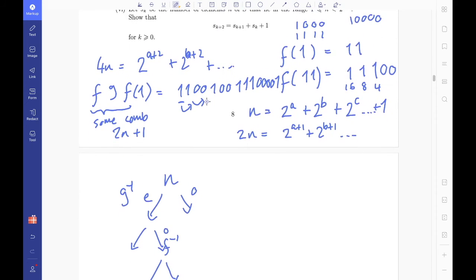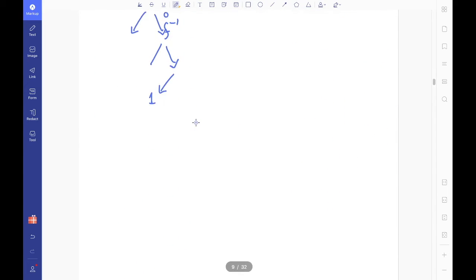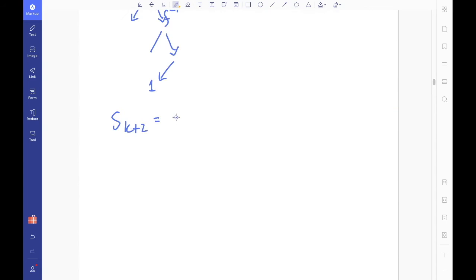So if we write out an expansion for sk plus 2, we could say that is u0 plus u1 plus u2 plus dot dot dot, and I'm going to go with uk minus 1 plus uk plus uk plus 1 plus uk plus 2.